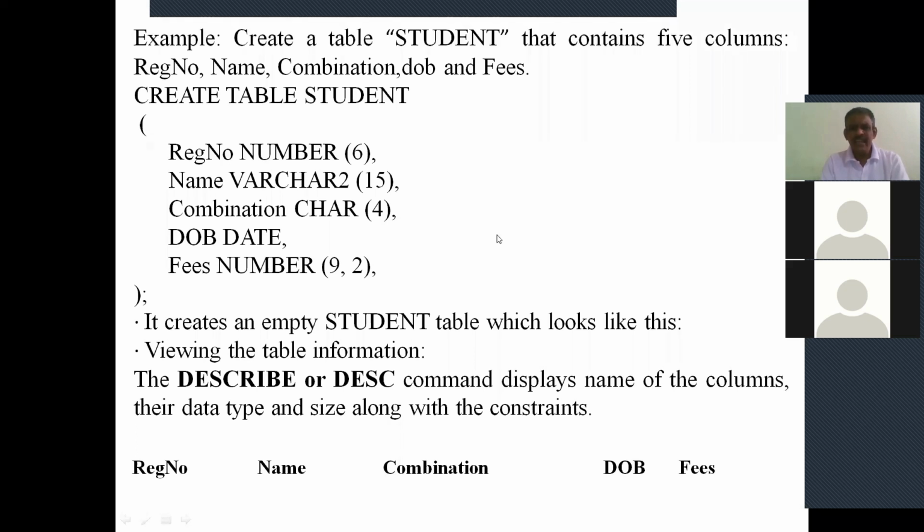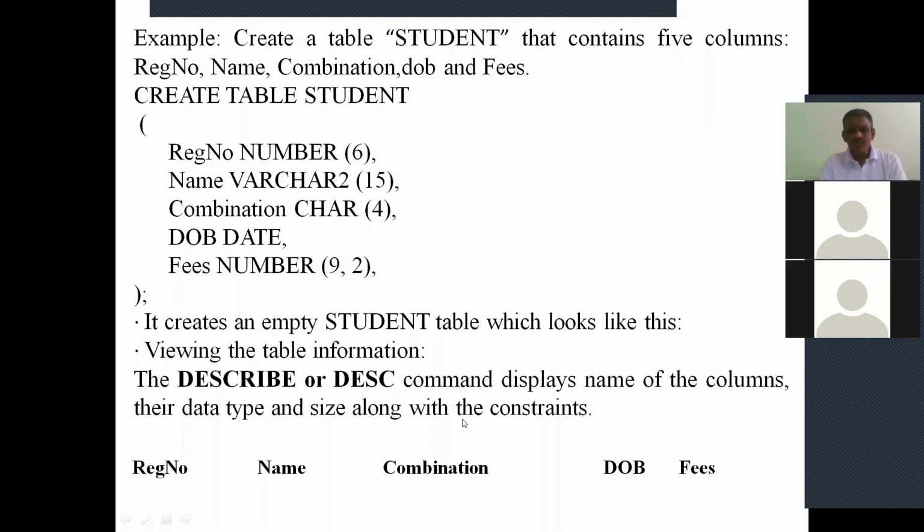Table is created. It means you have created a student table. If you want to see the columns, that is shown here. Once you complete this command, in the computer's memory this will be generated. Register number, 1 column, name, another column, combination, 3rd column, DOB, 4th column, fees is the 5th column. Like this, it's going to generate a table. Empty table. Only column headings are there.